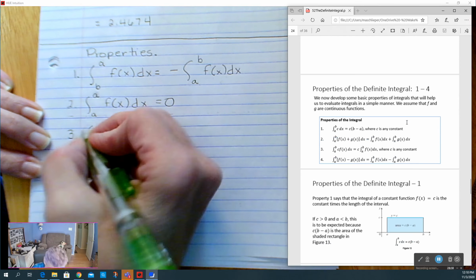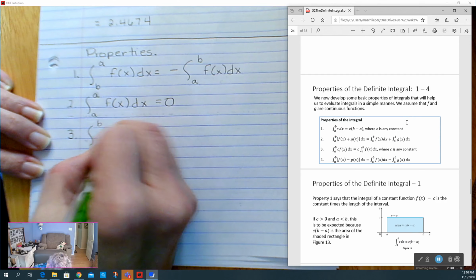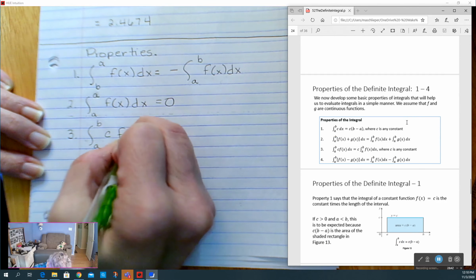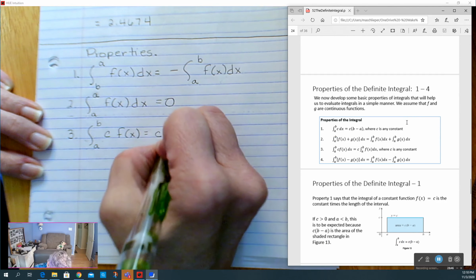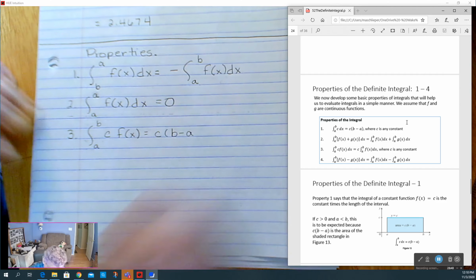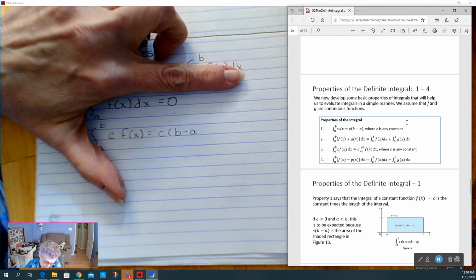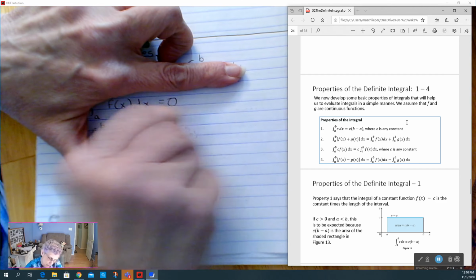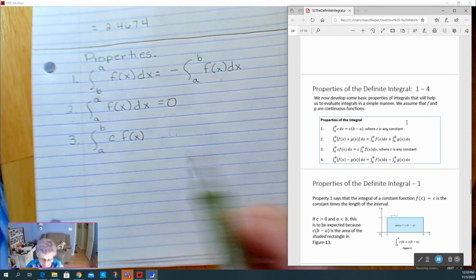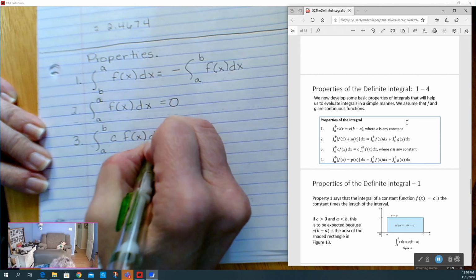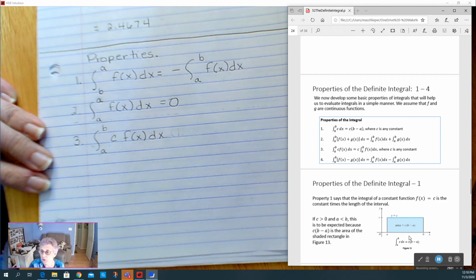This one, the integral from a to b of a constant c dx is equal to the constant times b minus a. I left out my dx. So think about what a constant function looks like. It looks like a flat line, and you have a picture sitting right here.